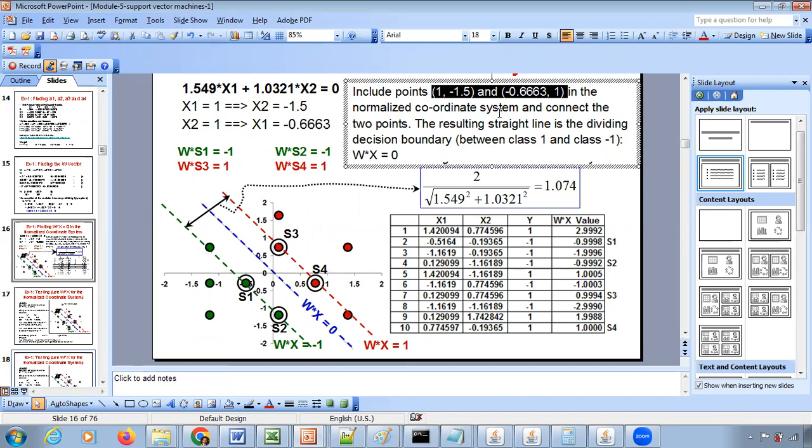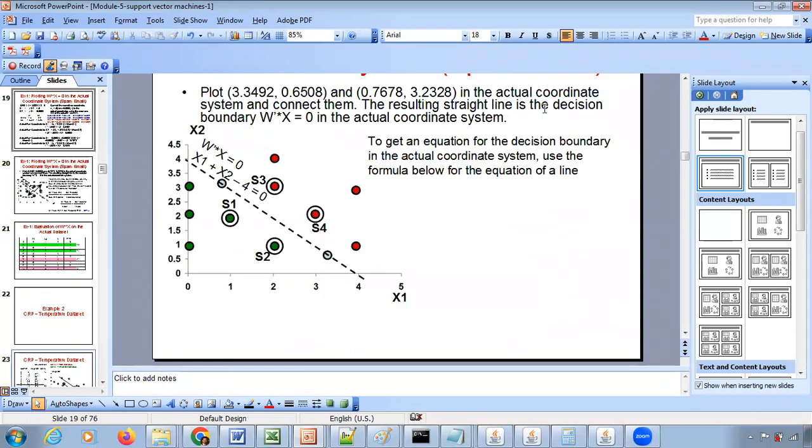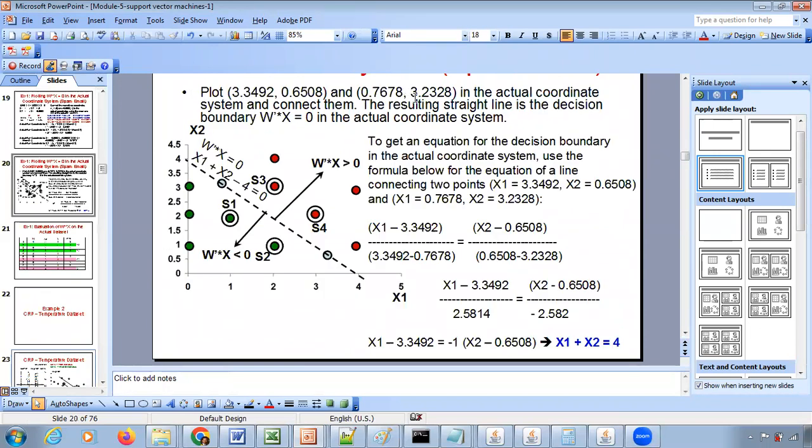Then we use those 2 points to transform to the raw coordinate system, and come up with a straight line that connects the 2 points. The equation of that straight line is the equation of the decision boundary in the raw coordinate system, and that's W prime times X equals 0.